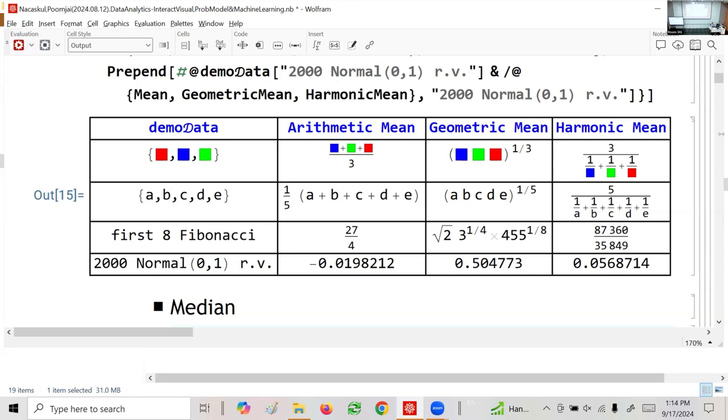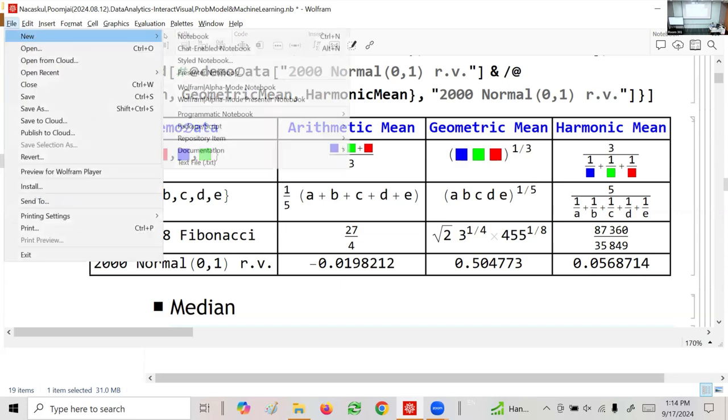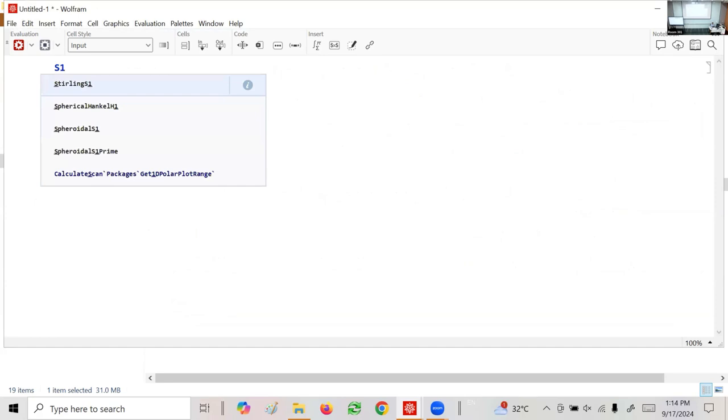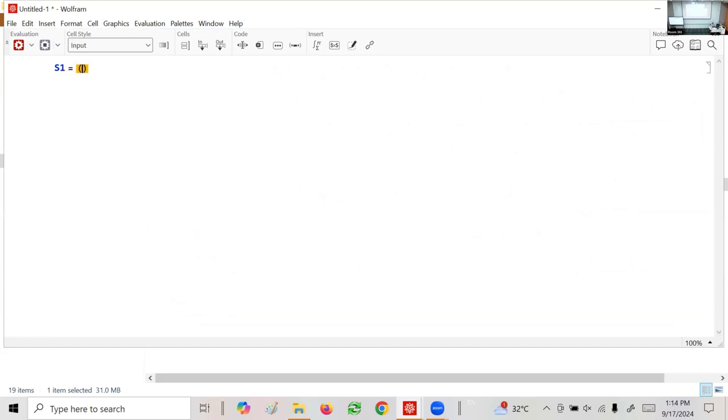Well, if you buy something, let's say a stock, and it has a rate of return: the stock price S1 is equal to 1 plus R times S0, okay?